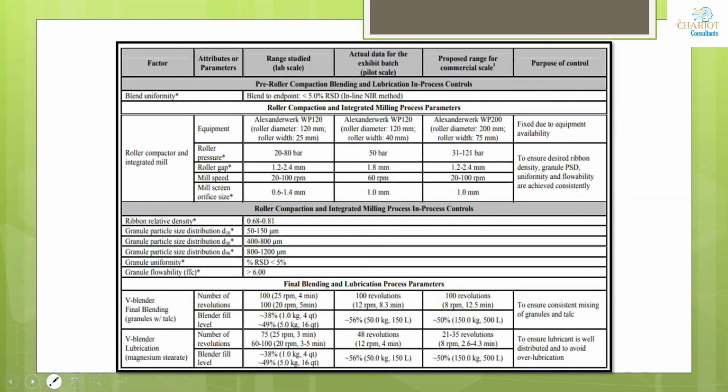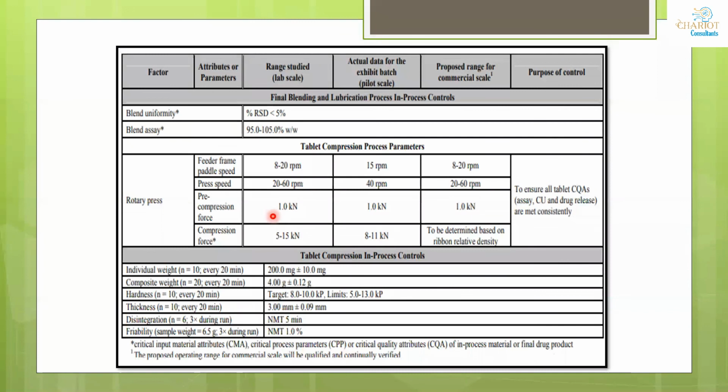So there is less chance of batch to batch variability in future batches.